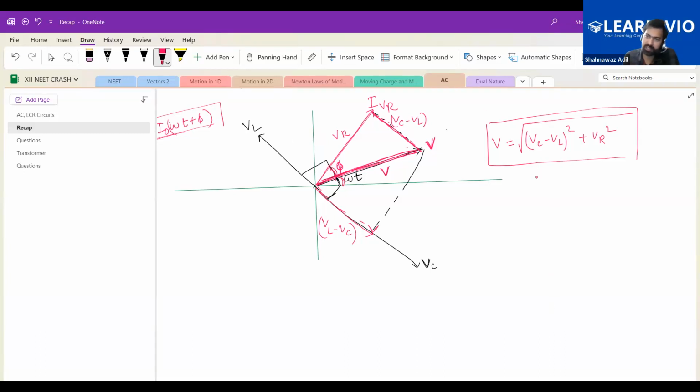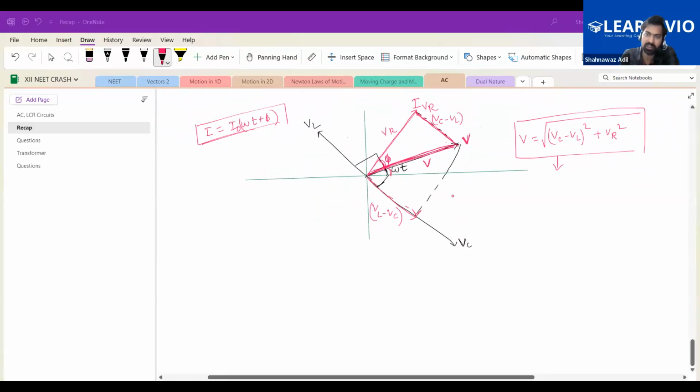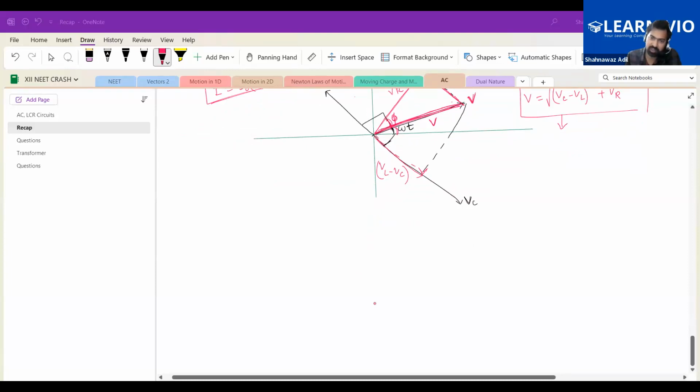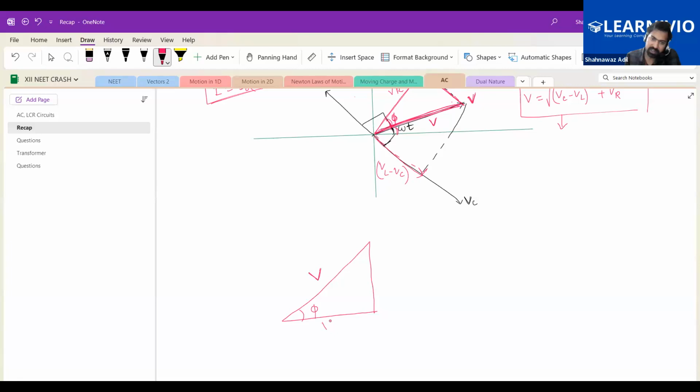So this is the overall voltage for the LCR circuit, and we can get the current from it as well, right? So we have to just remember this diagram. This is phi, this is V, this is VR, and this is VC minus VL.